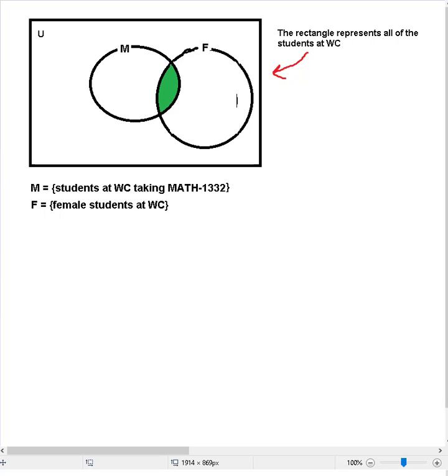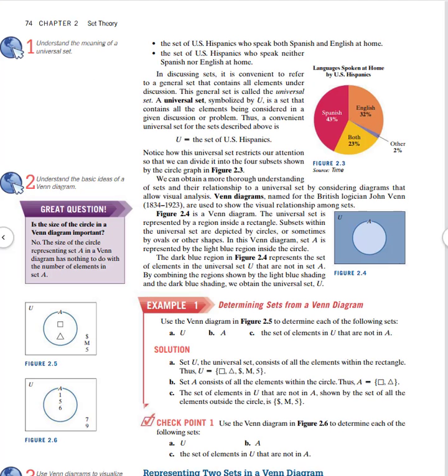Notice there's an overlap, an intersection of the two sets. We're going to talk about that more in just a minute. All we know right now is in that green area, there's at least one student who is both female and taking Math 1332. Please notice this great question. The size of the circles used in a Venn diagram don't have anything to do with how many elements they contain. Keep that in mind.